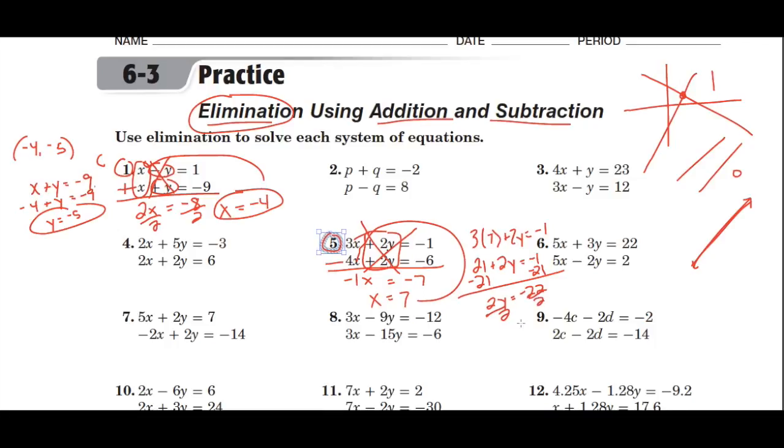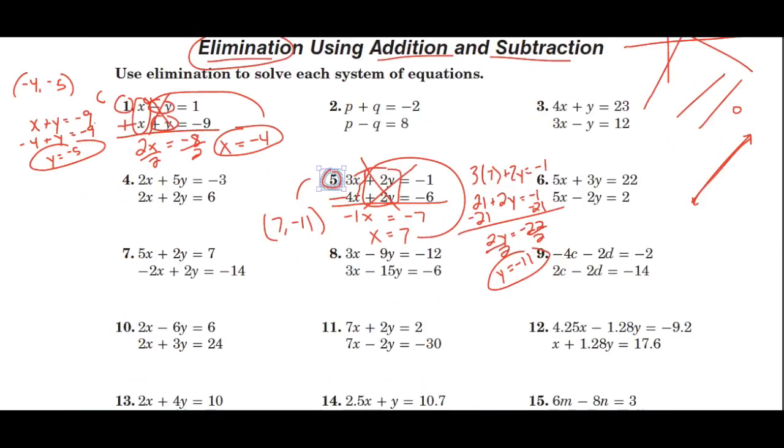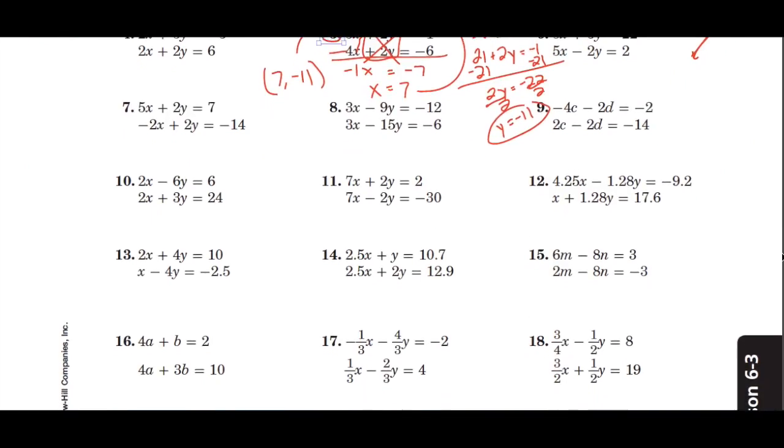Divide by 2, divide by 2, y equals negative 11. So we would say the solution to the system of equations is 7, negative 11. That's where those 2 lines cross. 7 and negative 11 also make both of those equations true if we would substitute them in. I'm going to do one more and I'm going to assign some for you to try on your own.